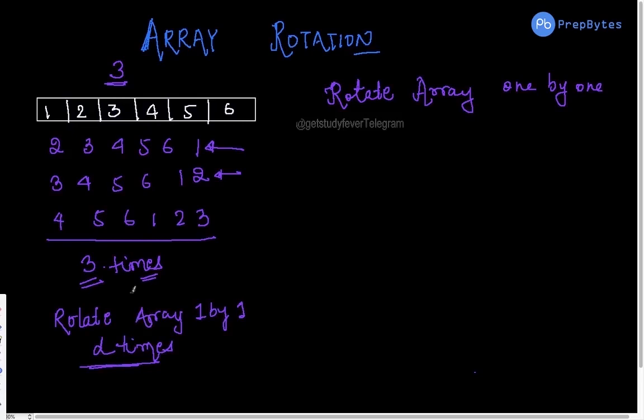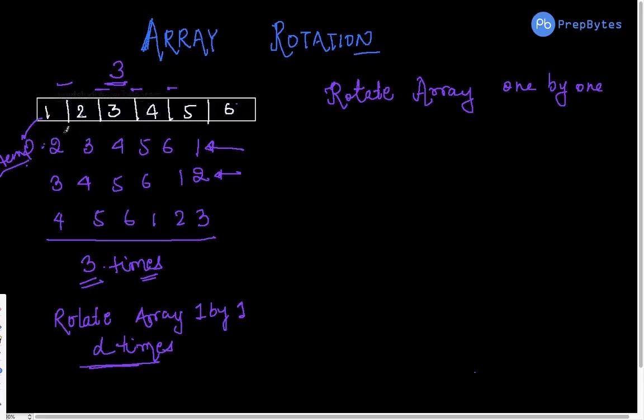So what we will do is we will take out this first element and store it in a temp variable, and then we'll shift all the elements to the left by 1 position, and at the end I'll put this temp at the end. So in this sequence, we have taken 1 as temp.